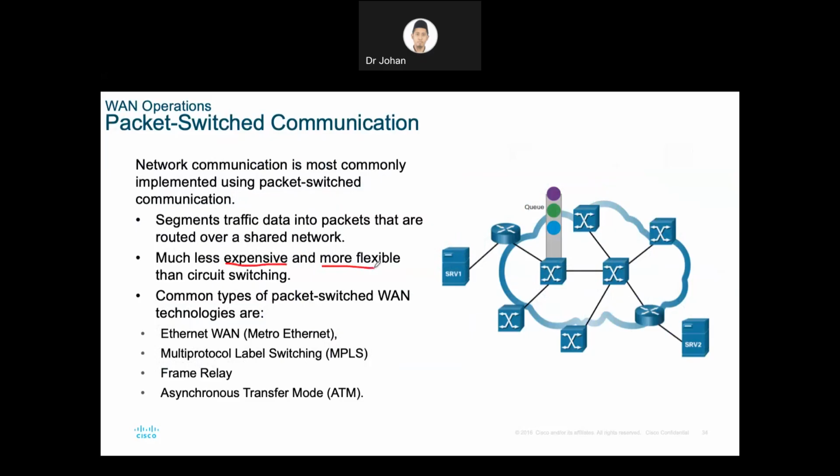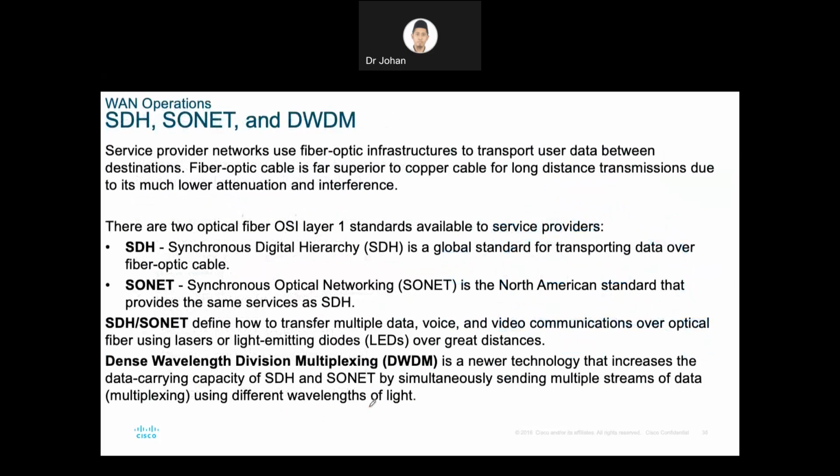Common types of packet switched WAN technology are Ethernet WAN, or Metro Ethernet, MPLS or multiprotocol label switching, frame relay, and asynchronous transfer mode. Then SDH, SONET, and DWDM.